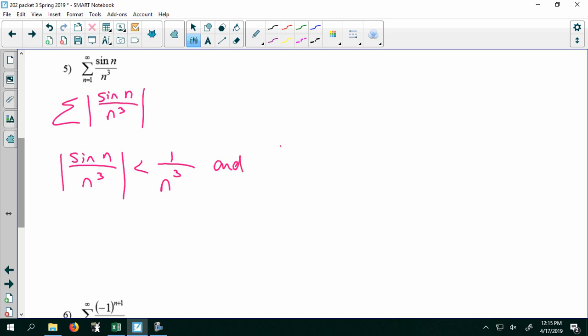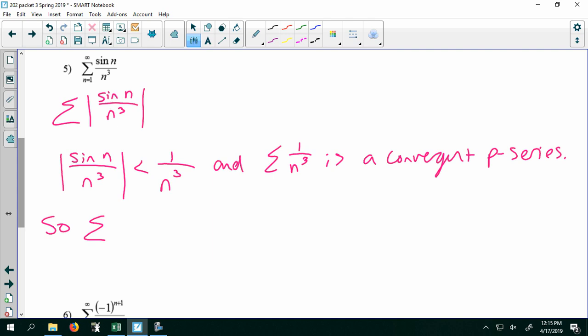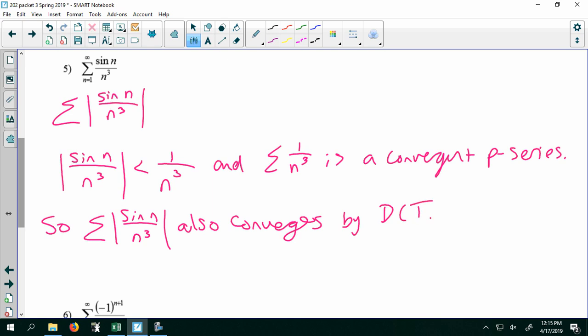And the sum of 1 over n cubed is a convergent p-series. So the sum of the absolute value of sine n over n cubed also converges by the direct comparison test.